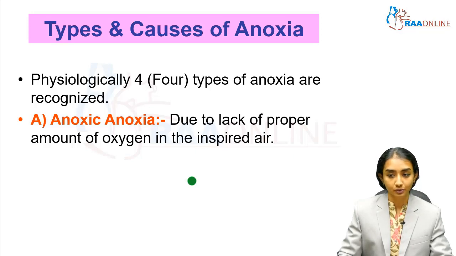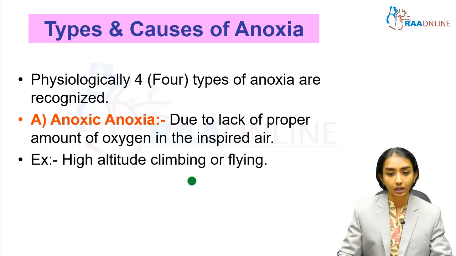A few examples of this, if I was to say, number one is where you are at a high altitude or when you're flying at a high altitude. The level of oxygen in that altitude could be very less so that you are not taking in enough of air which has got a lot of oxygen at the required pressure for you to have enough oxygen in your blood. Next is when you inspire inert gases.